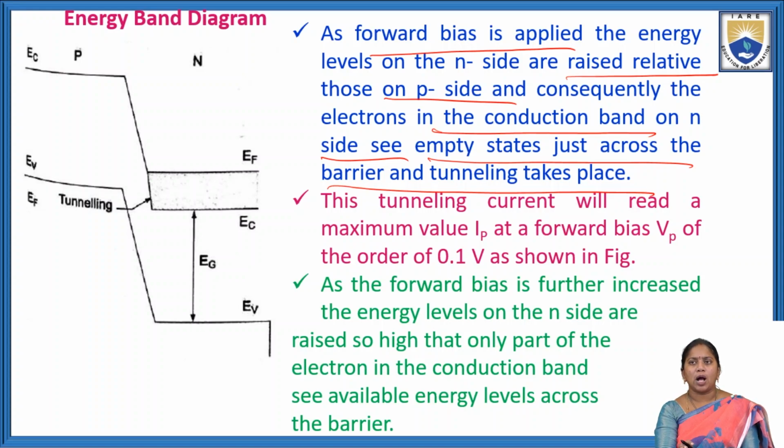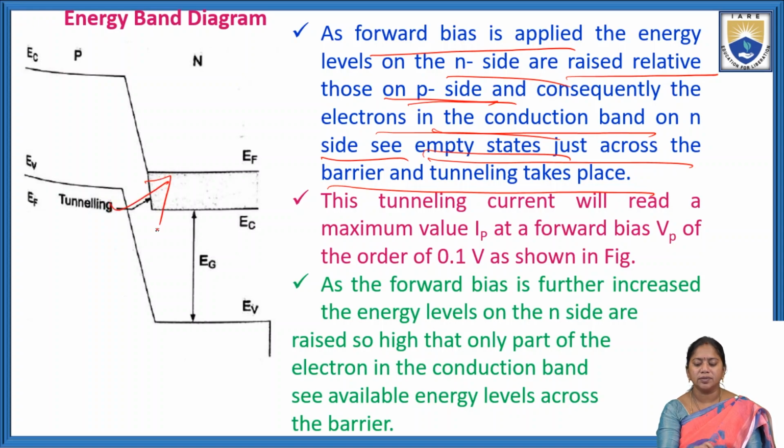But if you apply the forward bias condition, the energy levels on the N side are raised relative to those on the P side, and consequently the electrons in the conduction band on the N side see empty states just across the barrier and tunneling takes place.